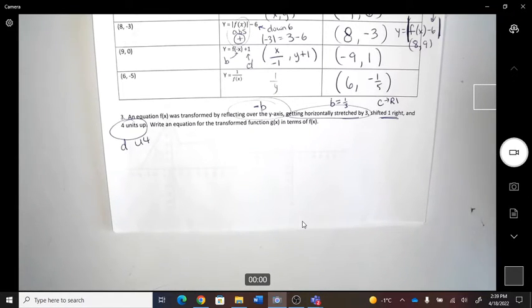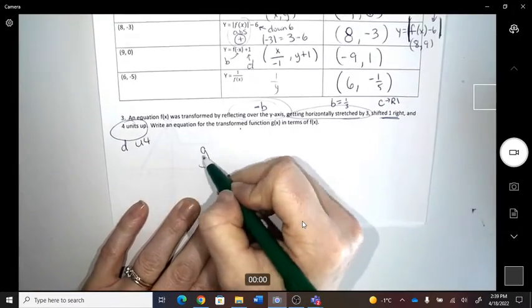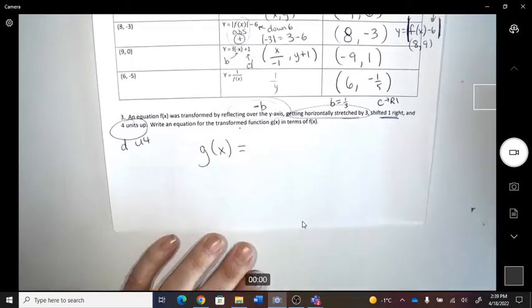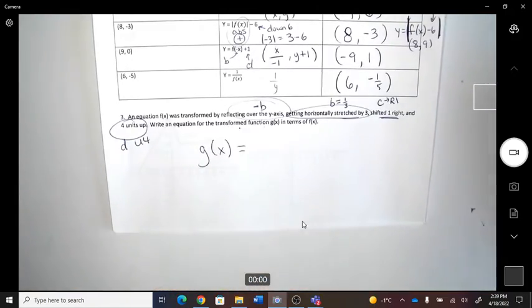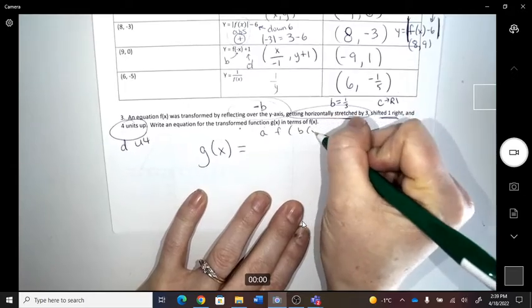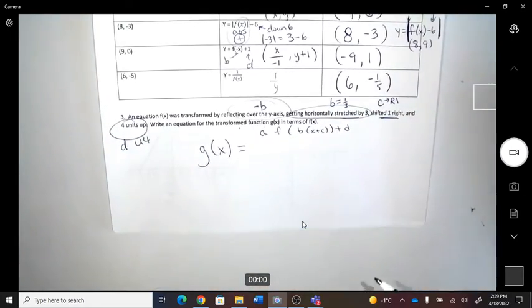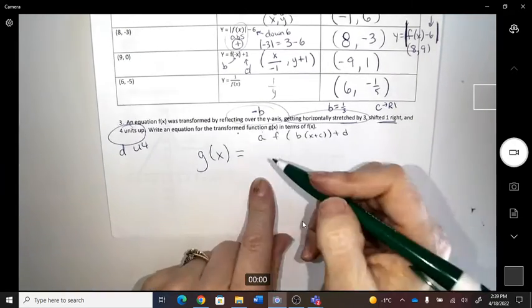We're good? So now I'm going to say the new function g of x equals, and I'm going to put all that stuff in. I'm just going to show you what it needs to kind of look like, right? This is what it needs to look like. Okay, so we didn't have anything with an a, right?